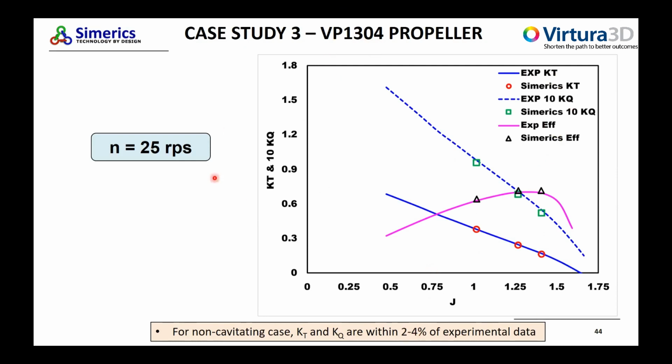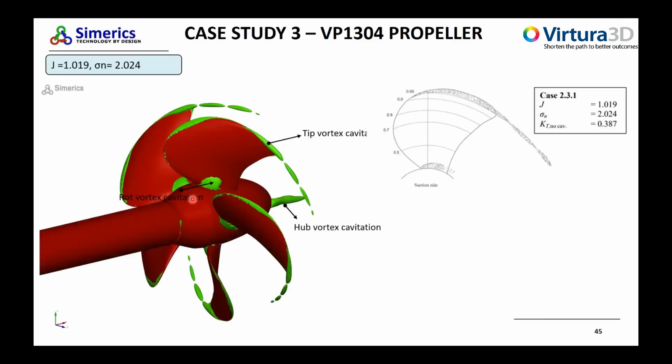For this VP1304 propeller, we also have some plots in the paper of how the cavitation bubble looks. I think we get very good correspondence between our results and what they have seen in their data, or reported in the paper, as a function of the test. What we see here is this tip vortex.